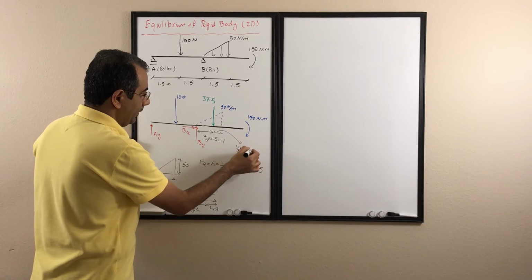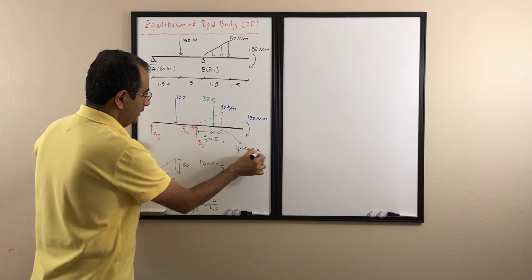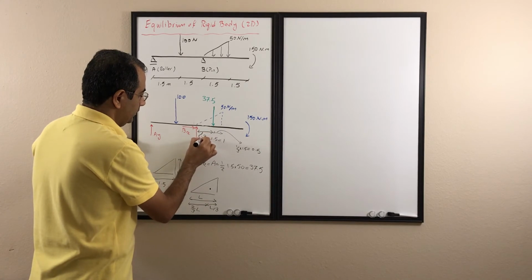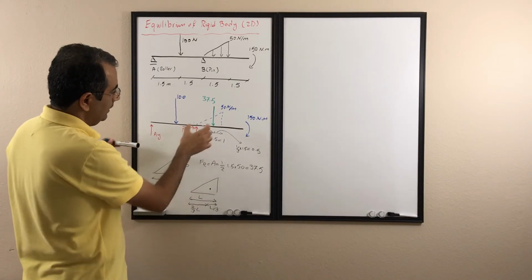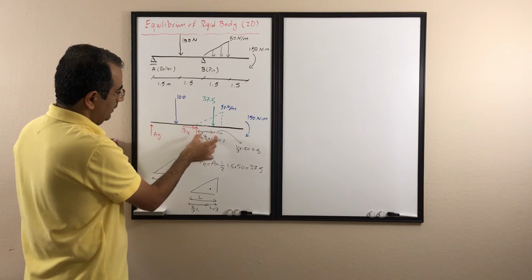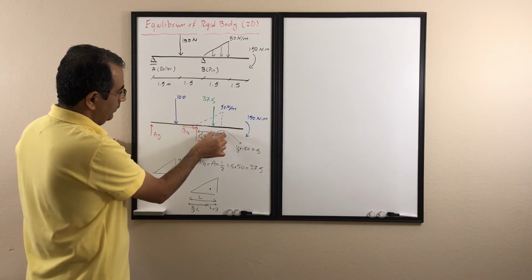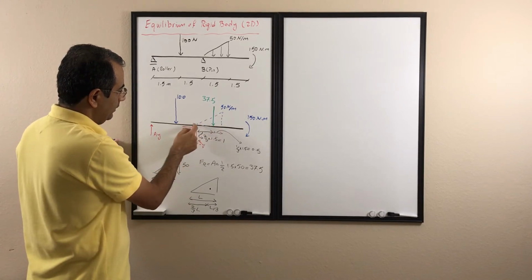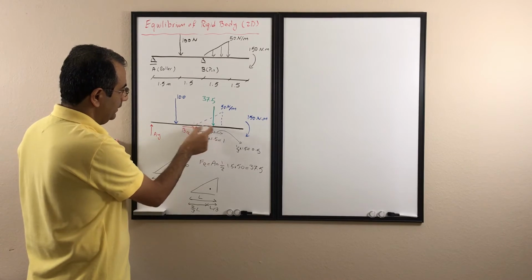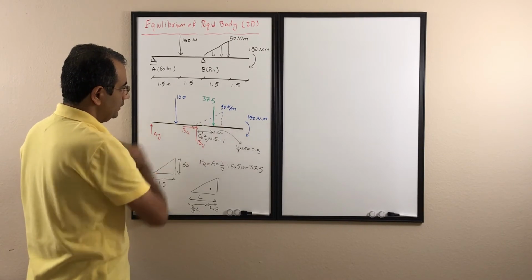So that's the location where the force applies: 1/3 from the base and 2/3 from this point, so 1 from here and 0.5 from here. That's the location of that single force.